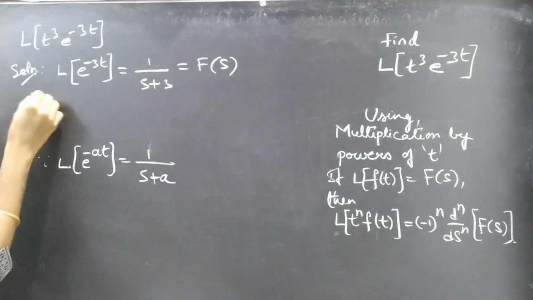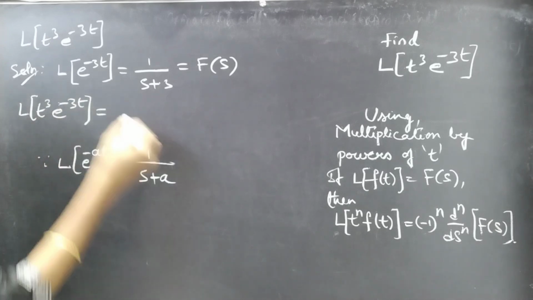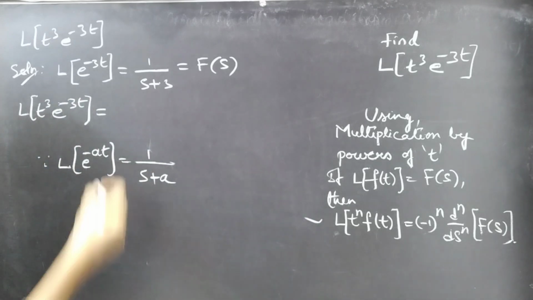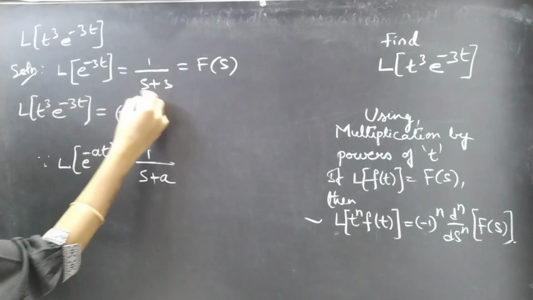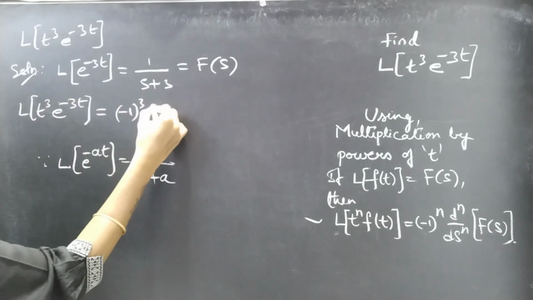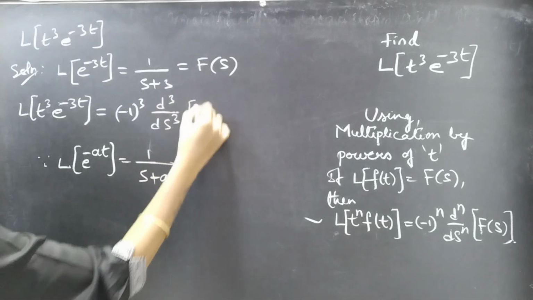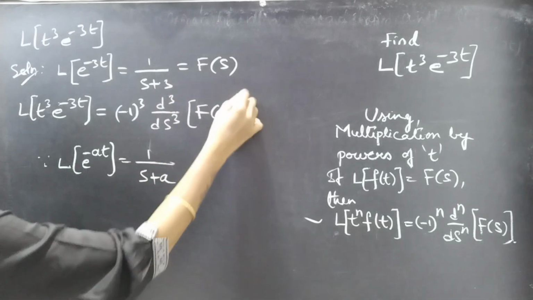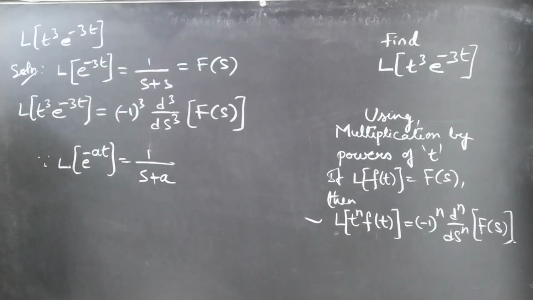Now coming to L of t cube e power minus 3t. Here we are going to apply this formula. Then for n equal to 3, power of t is 3 here, so you'll get minus 1 whole cube into d cube by ds cube into F of s. Just substitute F of s here. We have F of s as 1 by s plus 3.